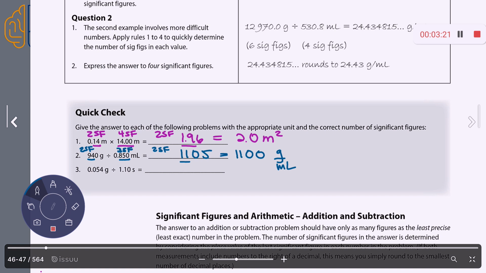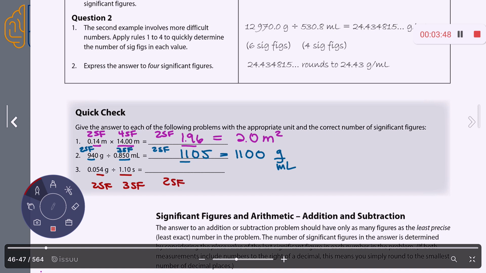Okay, number 3. How many significant figures are in 0.054? 2. Leading zeros are not significant, even if they're after that decimal right there. Okay. 1.101, how many sig figs? 3. Okay, so I'm going to underline all of them. I want 2 sig figs in my answer.